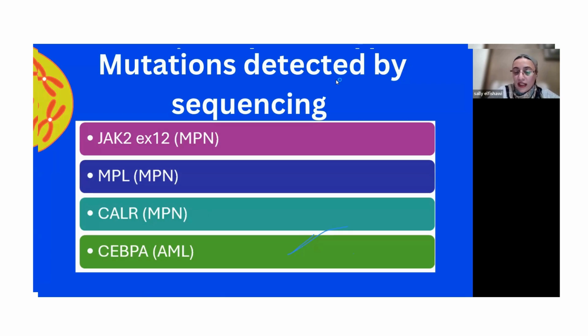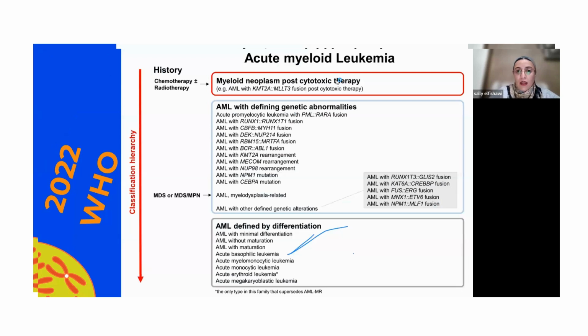However, whenever there is a larger sequence of interest, not a small gene that we can amplify, or multiple targets in the gene in multiple exons, then we have to sequence a larger segment, like the JAK2 exon 12 mutations in myeloproliferative disorders, the MPL, the calreticulin, and CEBPA in AML.